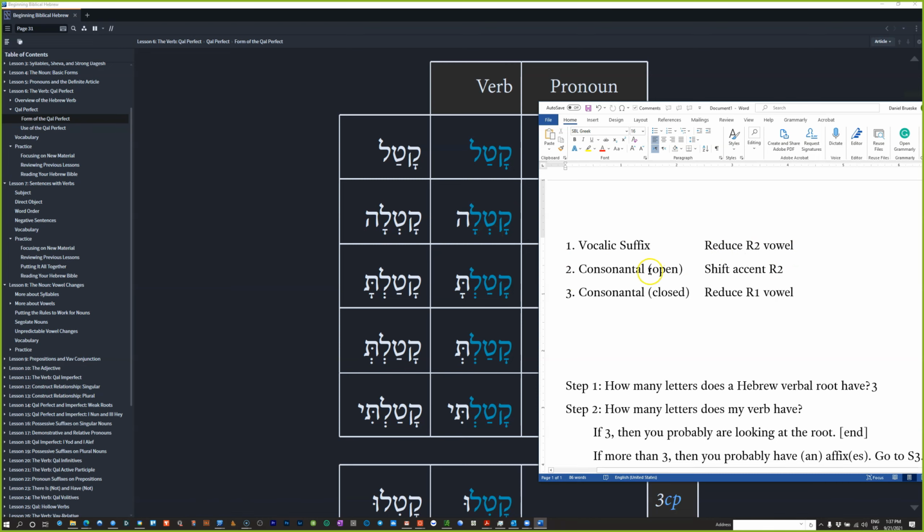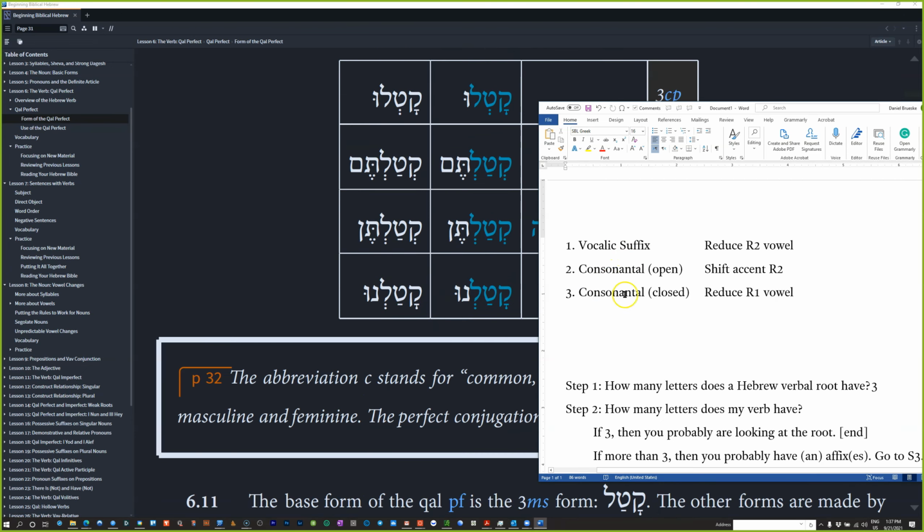If you have a consonant suffix, then that's where they shift the accent to the second to last syllable. And then the final one is when you have a consonantal suffix that's closed, what we call a heavy suffix. That's when you reduce the first root letter vowel.